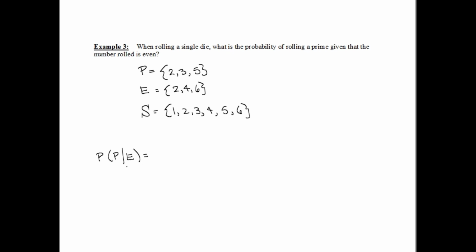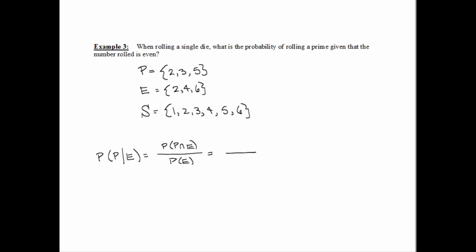The first thing you want to do is determine and write in correct notation, using our conditional probability symbol, what the problem is asking for. Here we want the probability of P given E. Then we remember that this is going to be the probability of the intersection divided by the probability of the given.